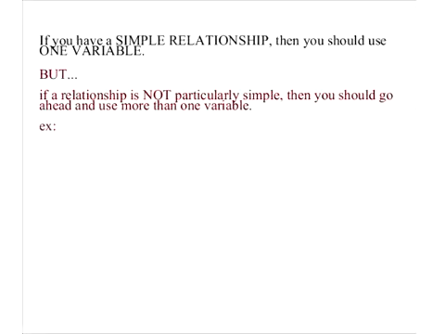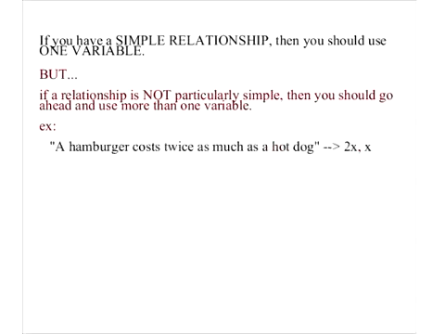For instance, if you say a hamburger costs twice as much as a hot dog, then this is just 2x and x, because this really is a simple relationship. So you should use one variable.